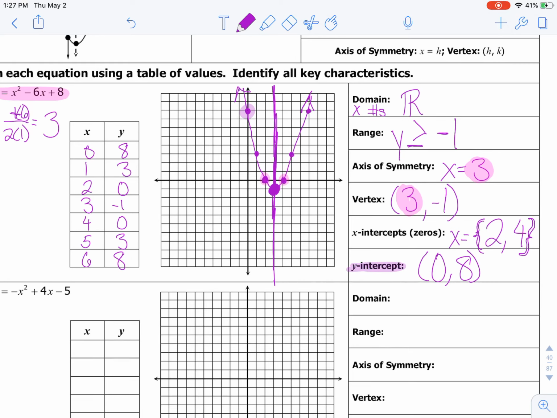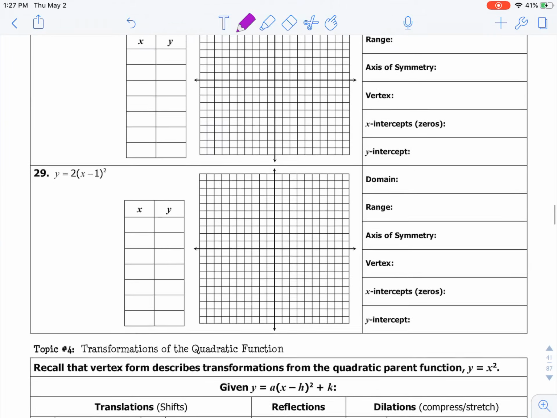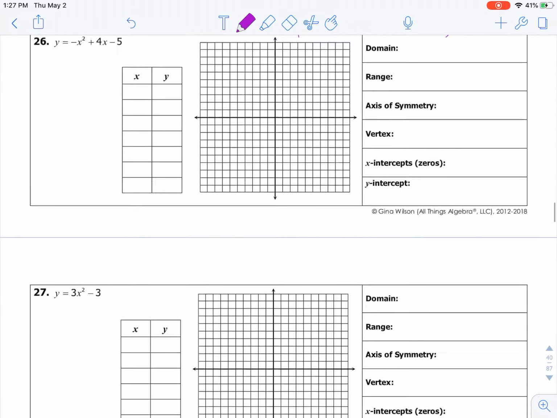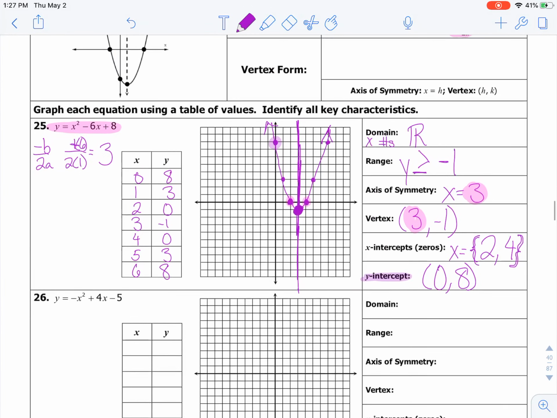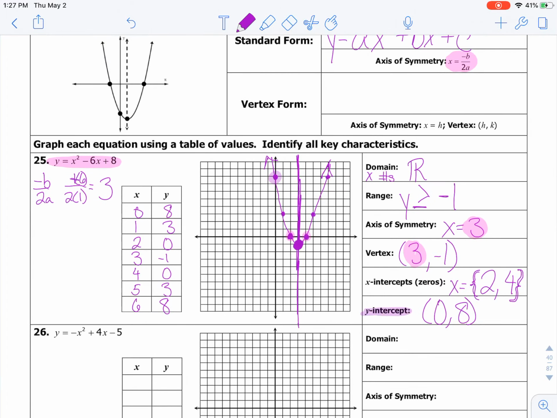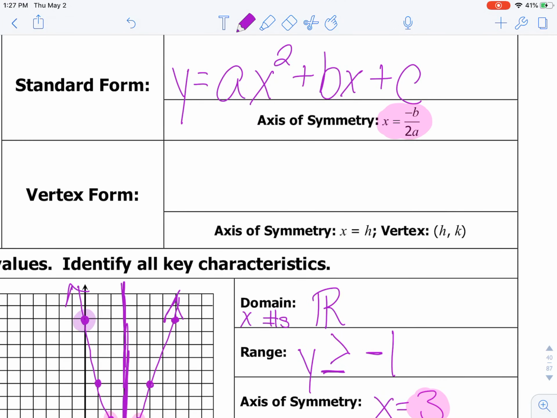Based off of that, you should be able to do the next 4 problems. You can keep watching this if you want. You can pause the video and take some time to actually go through those 4 problems. But before we move on, I want to put that vertex form up here. We did the standard form.